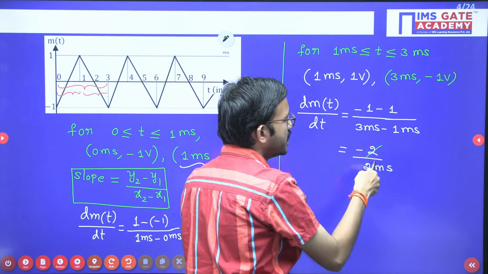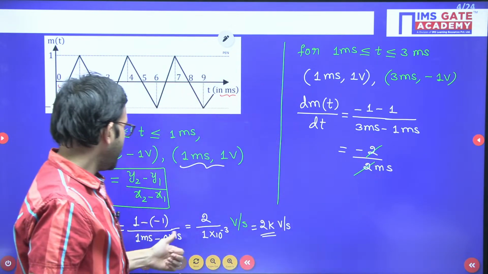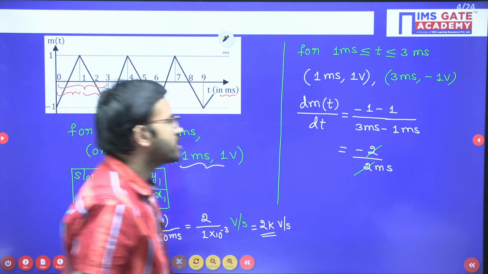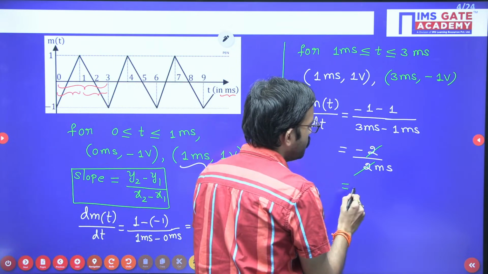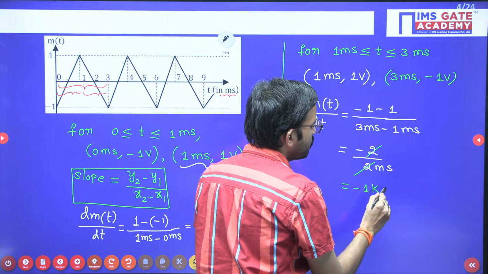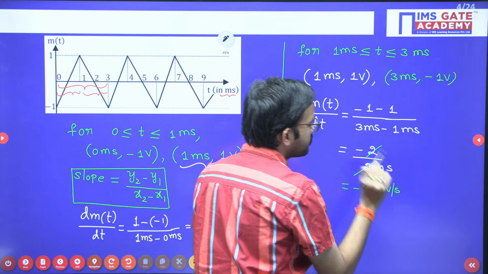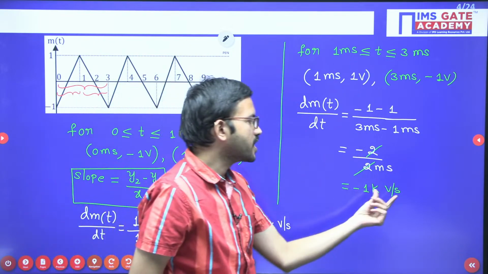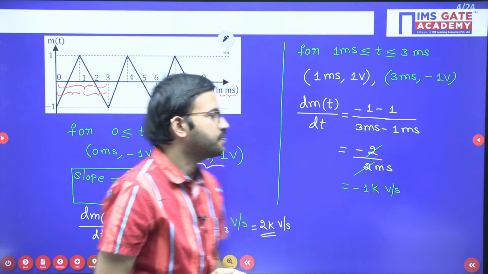Here the 2 will get cancelled. Milli you can write as 10 power minus 3; when bringing it to the numerator, it becomes kilo. So directly I am writing here, you are going to get minus 1k volt per second, minus 1000 volt per second, right?